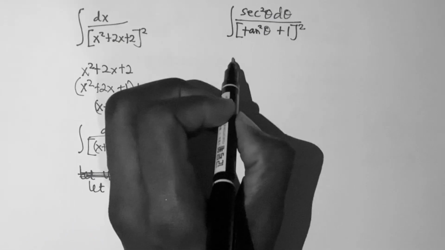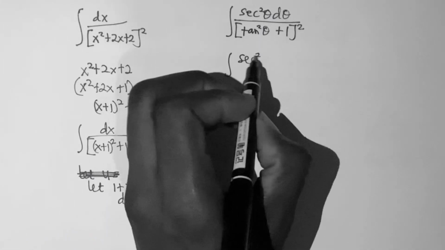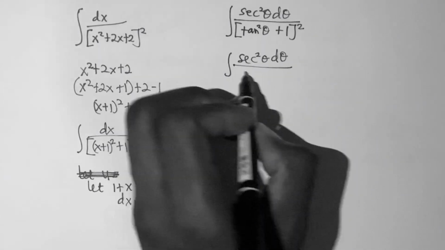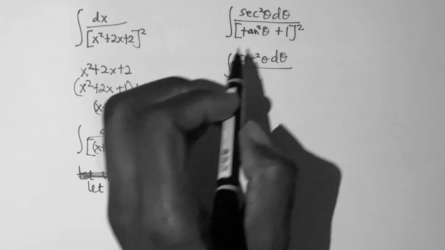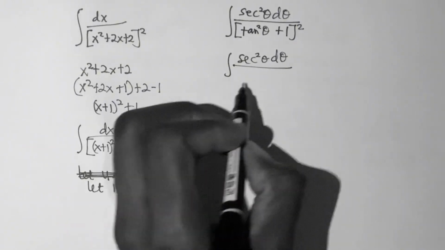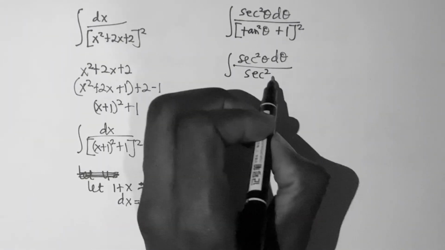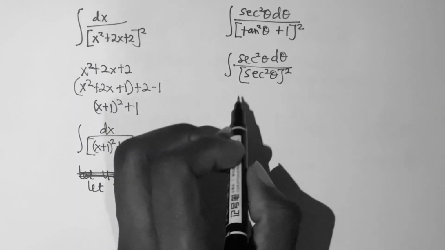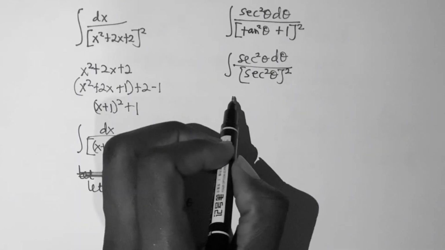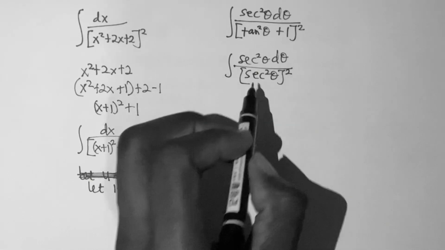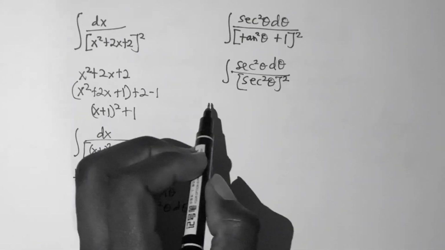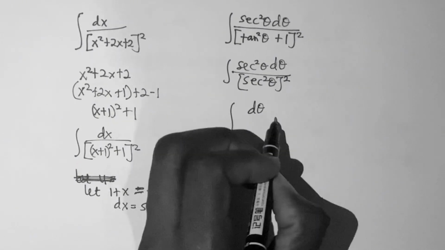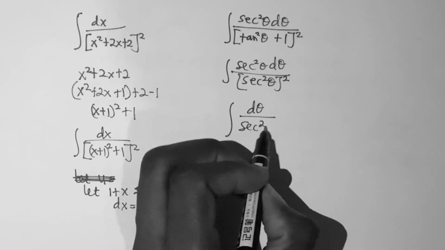So this is equal to sec squared theta d theta divided by, tan squared theta plus 1 is sec squared theta, all of this squared. If we do the division, then we are going to see that this sec squared theta will cancel one of the sec squared thetas here. So this is equal to the integral of d theta divided by sec squared theta.